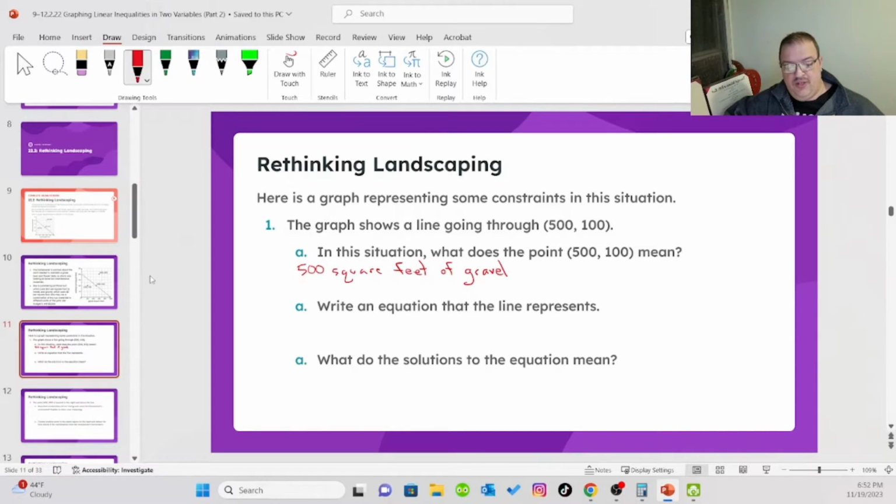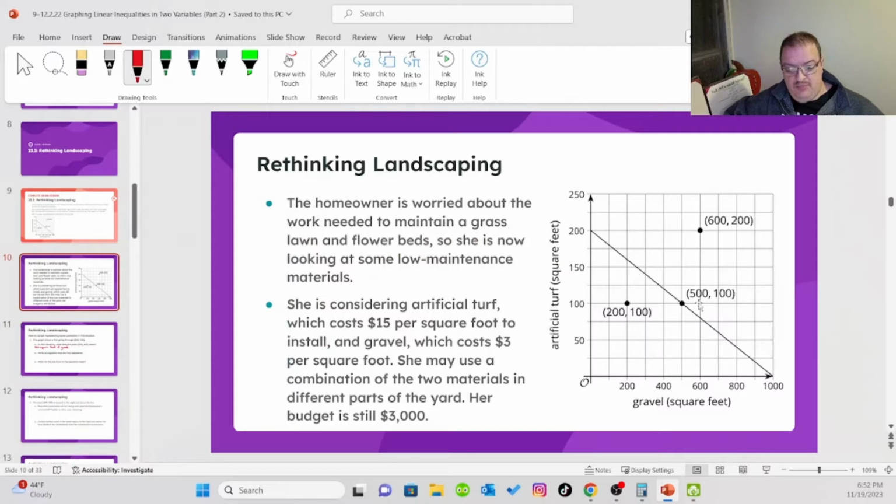The 100 is our y value, so that means 100 square feet of artificial turf.